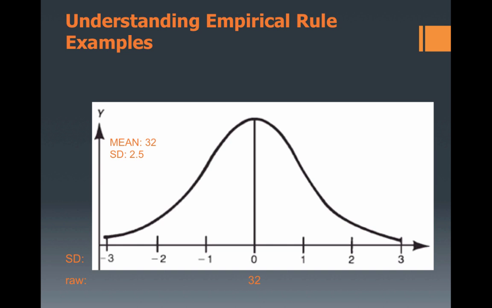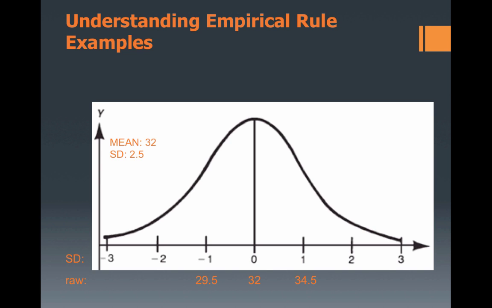Now that we have our mean plotted with our raw score underneath our curve, we can ask: 1 standard deviation above the mean is equal to what raw score? With a standard deviation of 2.5 and a mean of 32, 1 standard deviation unit away from the mean gives us a raw score of 34.5, and 1 standard deviation below the mean gives us 29.5.